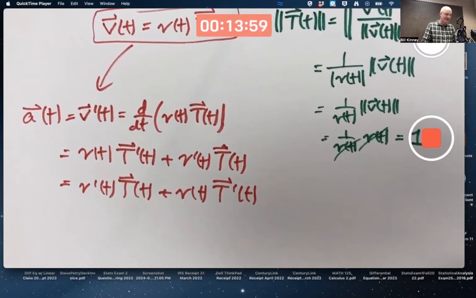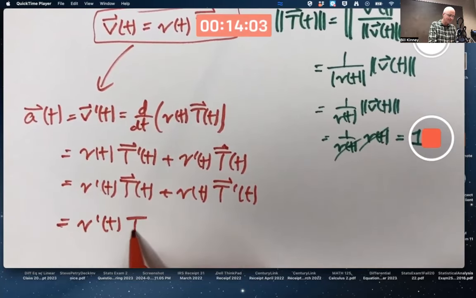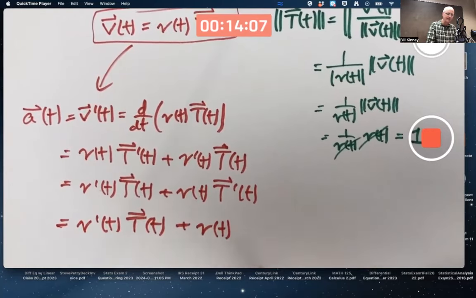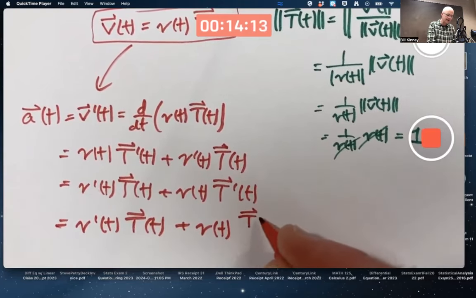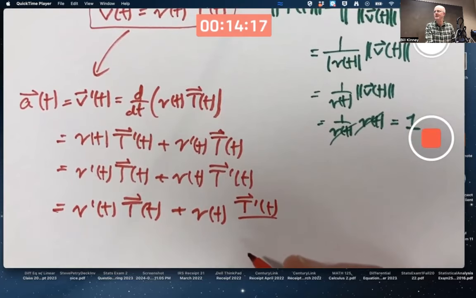I'm going to do something else a little strange next. With the second term here, I'm going to multiply by a disguised form of 1. The disguised form of 1 is going to be the magnitude of capital T prime divided by the magnitude of capital T prime.